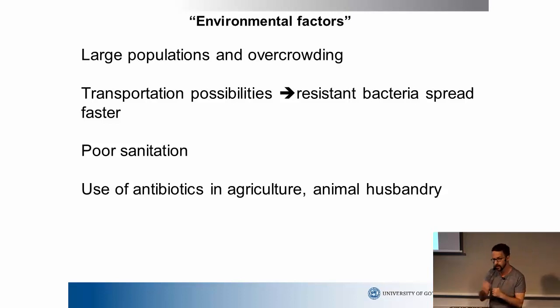So people travel much more now. We meet much more. That's going to affect the likelihood of antibiotic resistance. Poor sanitation, obviously. Okay, so simply people being too poor and having poor sanitation is going to be important. And use of antibiotics in agriculture. Okay? Four important, what I call environmental factors. Okay?